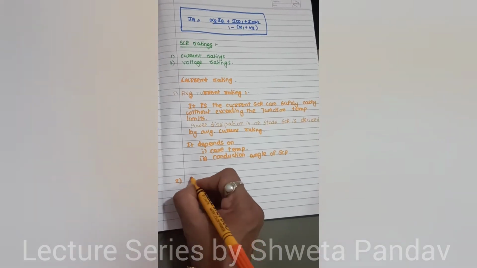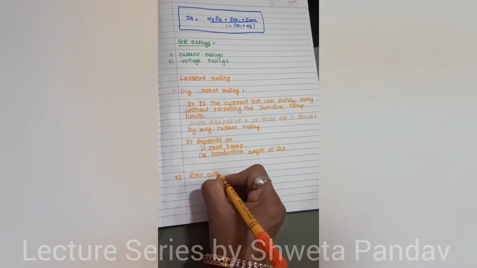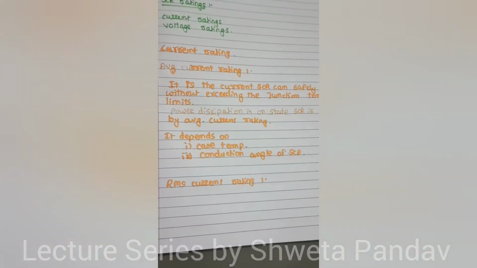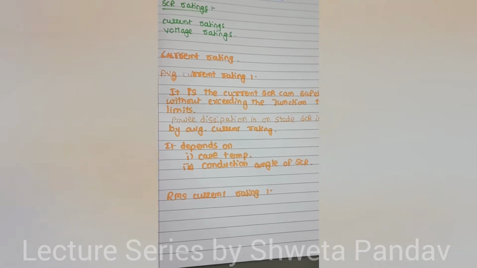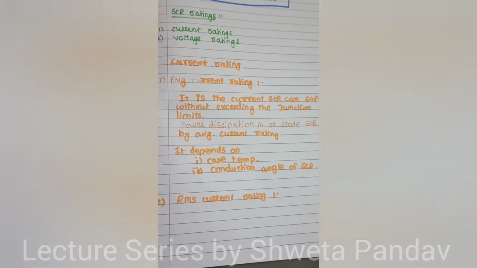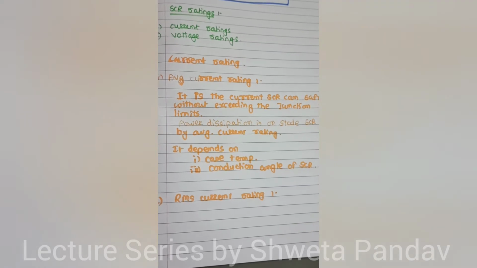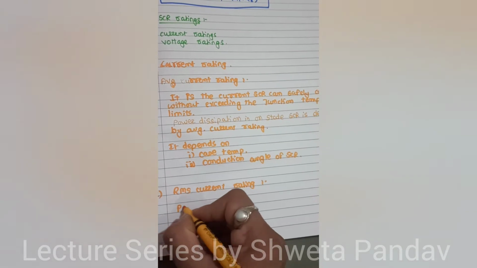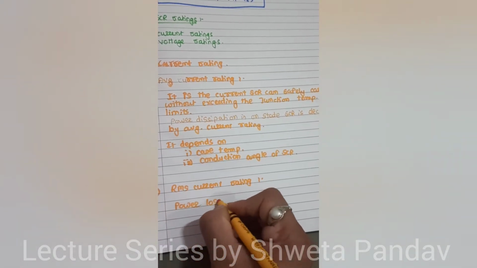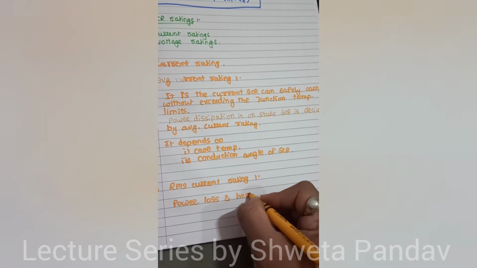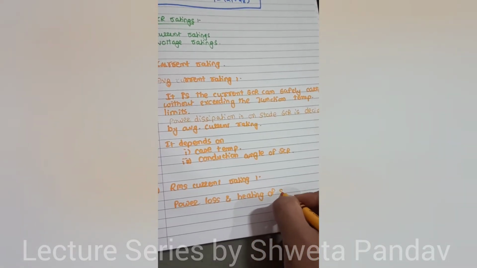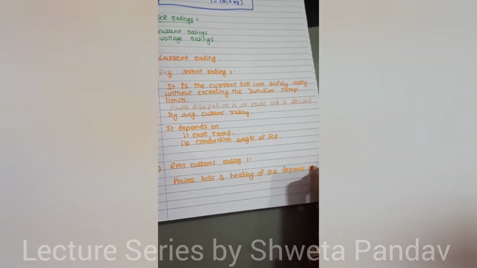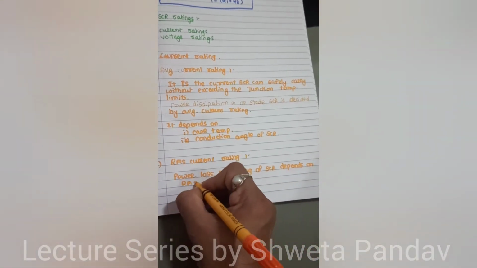Second is RMS current rating. The power loss and heating of the SCR depend on the RMS current rating.